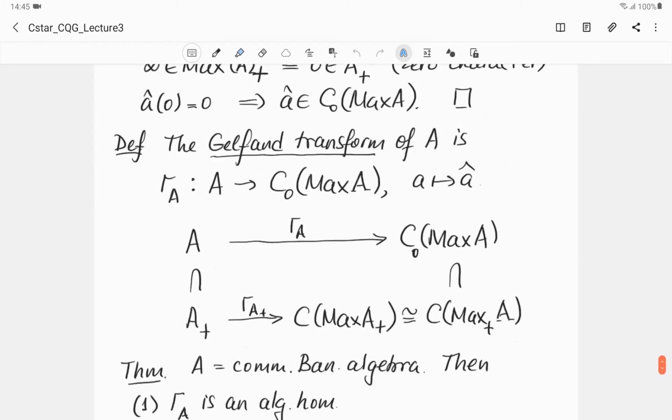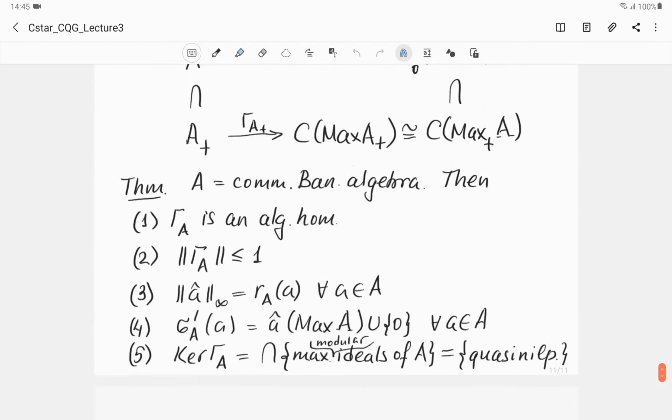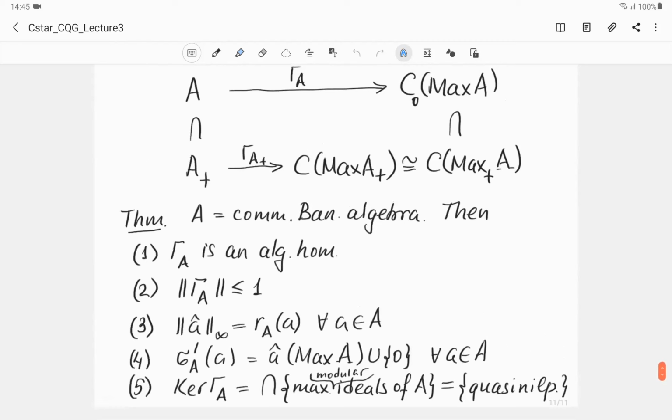So now the Gelfand transform of the algebra is a homomorphism from A to the algebra C0 of continuous and vanishing at infinity functions on the maximal spectrum. And it has the following properties. What I want to stress now is that the kernel of the Gelfand transform equals the intersection of all maximal modular ideals of A. At the previous lecture, I forgot to say that we consider only modular ideals.